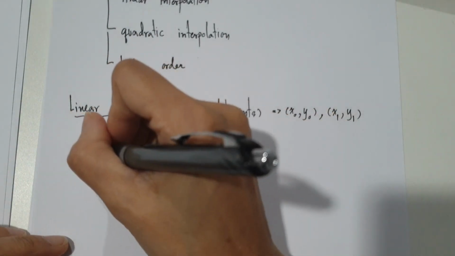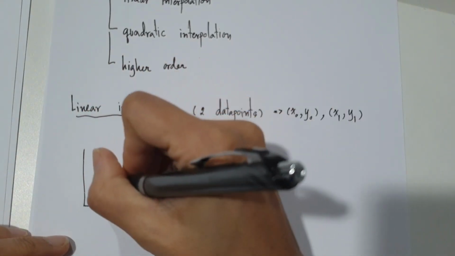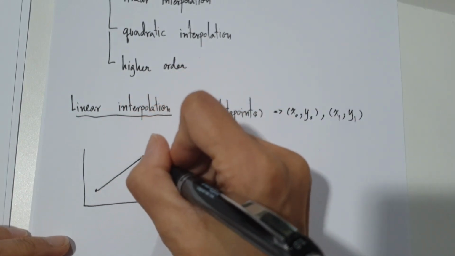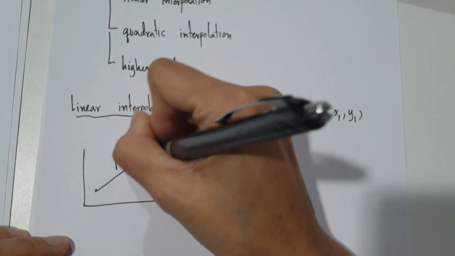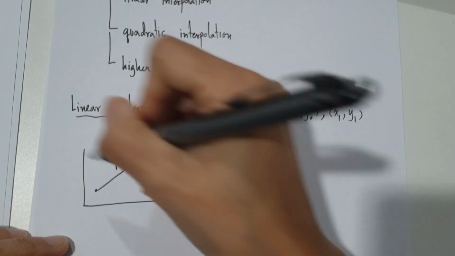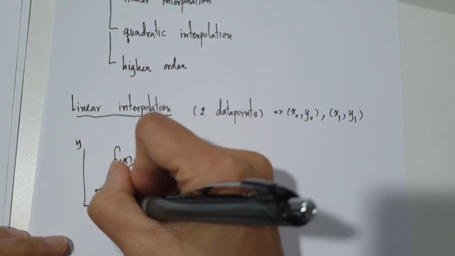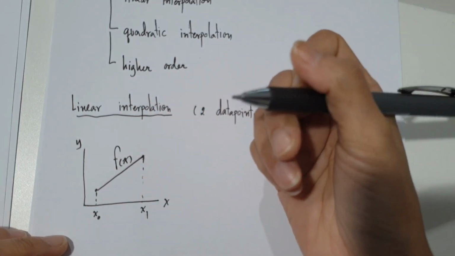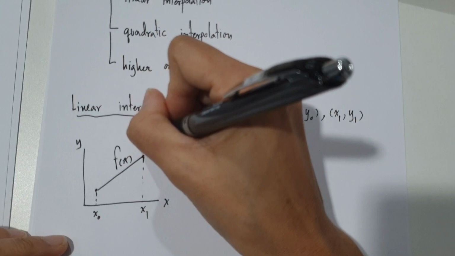If we have two data points, we would create a function. Okay, where is x0? Where is x1? So we create a linear function.